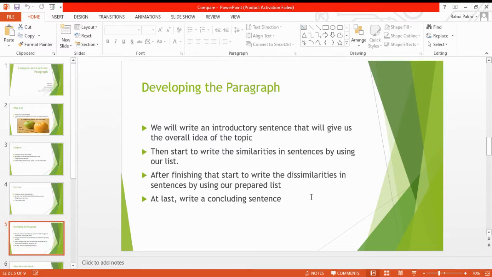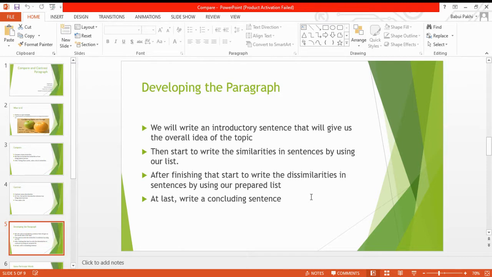After finishing that, start to write the dissimilarities in sentences by using our prepared list. As with the similarities, you have to write the dissimilarities in sentences. When you write the similarities in sentences, it will present the comparison between the two topics, persons, things or places.